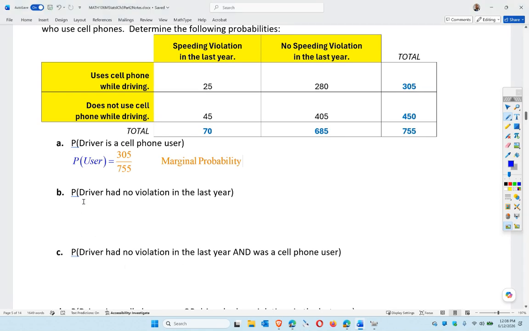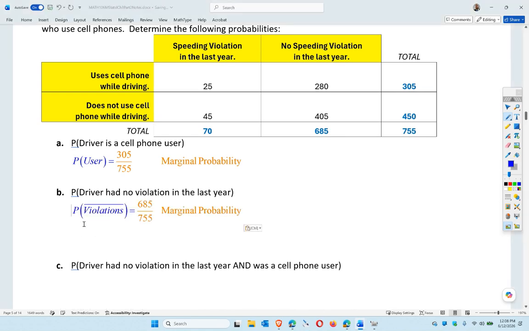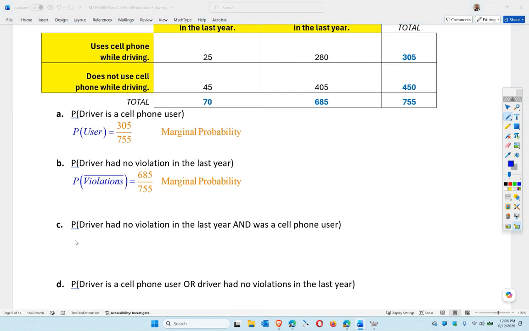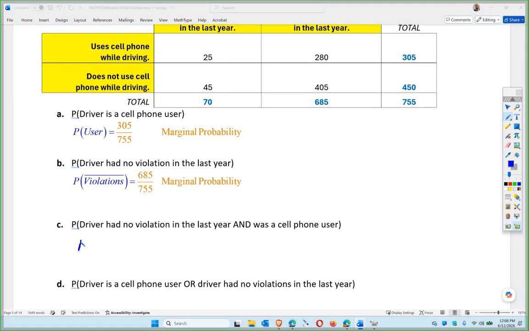Alright, so let's get into some compound ones here. So this one's asking for the probability of no violations in the last year, and a user. Alright, so that's what we want. So this is a joint probability because it has two things.